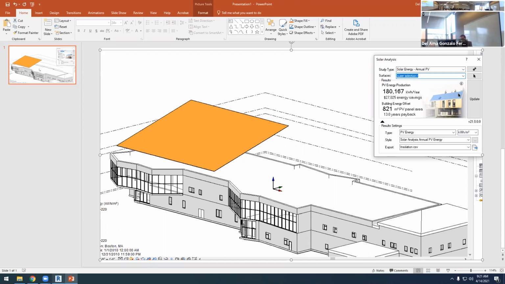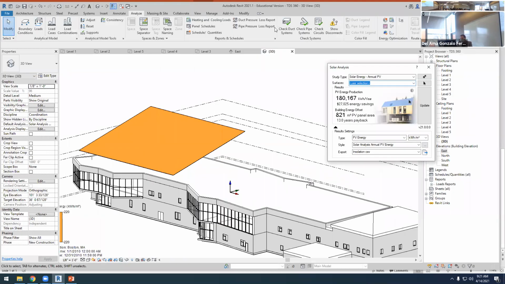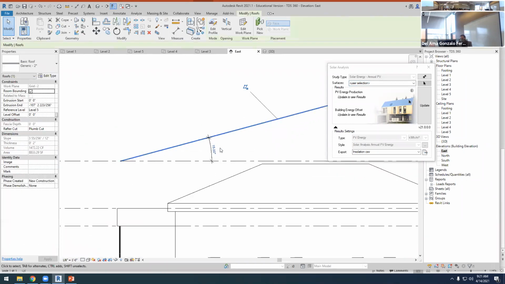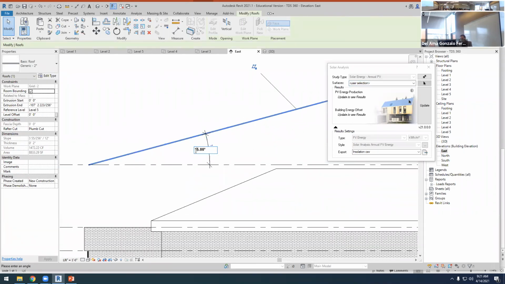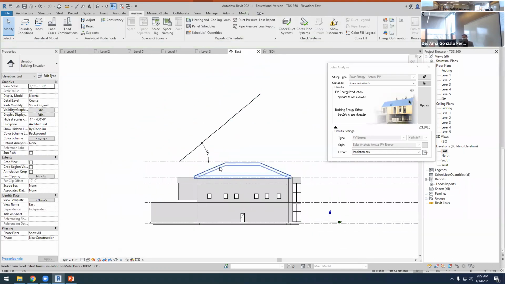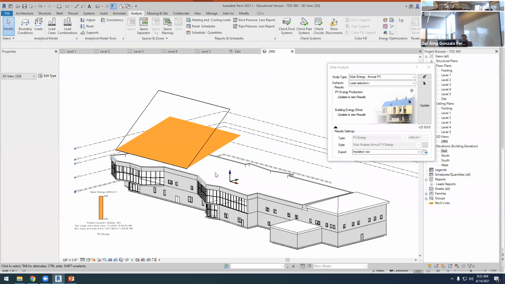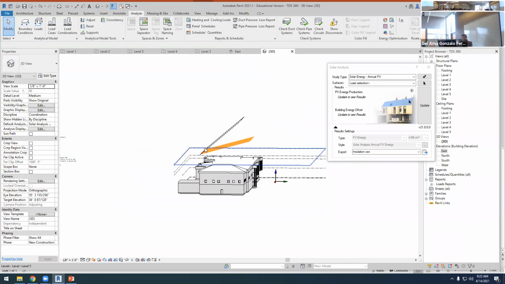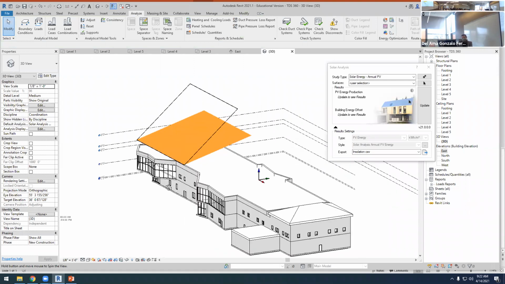I think we agreed that if we work with an angle close to 40, I think the yield will be better. Can we do this? Well, in theory we can, but is it feasible having this with this angle?